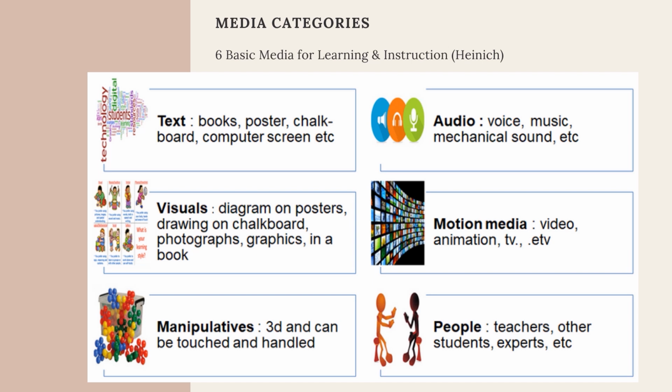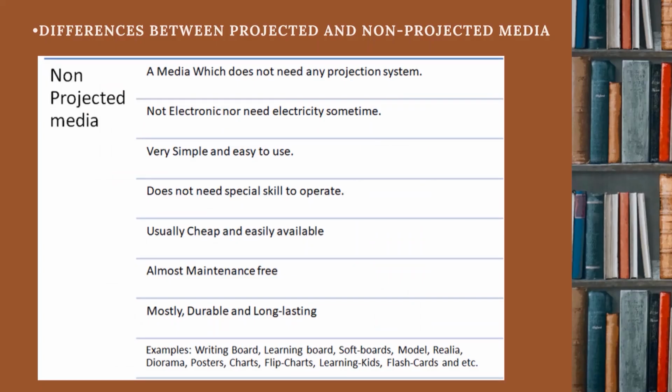Visuals, for example, diagrams, posters, and so on. And motion media means videos, animation, and sometimes we use TV or movies inside the classroom. Alright, so let's see what the differences are between projected and non-projected media.